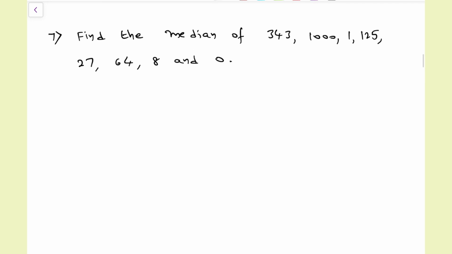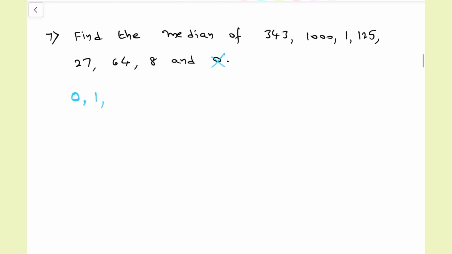Question number 7. Find the median of 343, 1000, 1, 125, 27, 64, 8 and 0. So, to find the median, first of all, we need to write all the given observations in either ascending order or descending order. So, let us keep it in ascending order first. 0, this is completed.